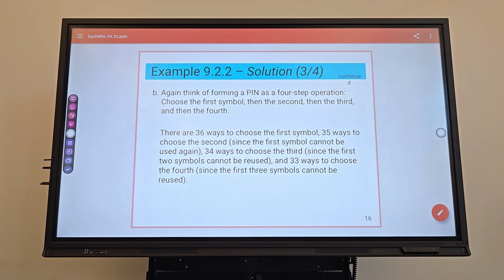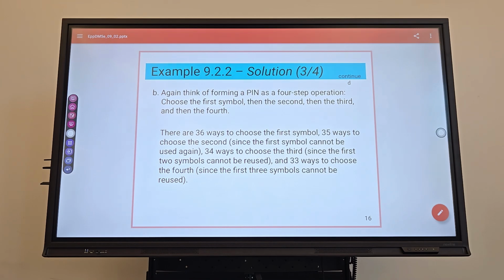Part B. Again, think of forming a PIN as a 4-step operation. Choose the first symbol, then the second, then the third, and then the fourth. There are 36 ways to choose the first symbol. If you're not repeating, there are only 35 ways to choose the second, because you can't use the first symbol.